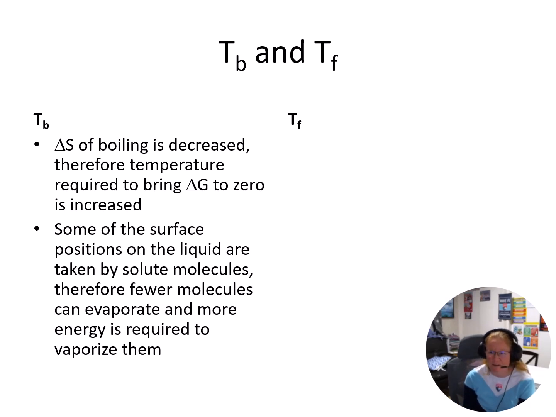So we need a higher temperature to get to the boiling point because we have less disorder there, and not as many molecules are reaching the vapor phase at the same normal temperature. So we have to go to a higher temperature to get those to reach the vapor phase. What we get is solute molecules that take up the surface positions of the liquid, and so fewer molecules can evaporate, and more energy is required to vaporize them.